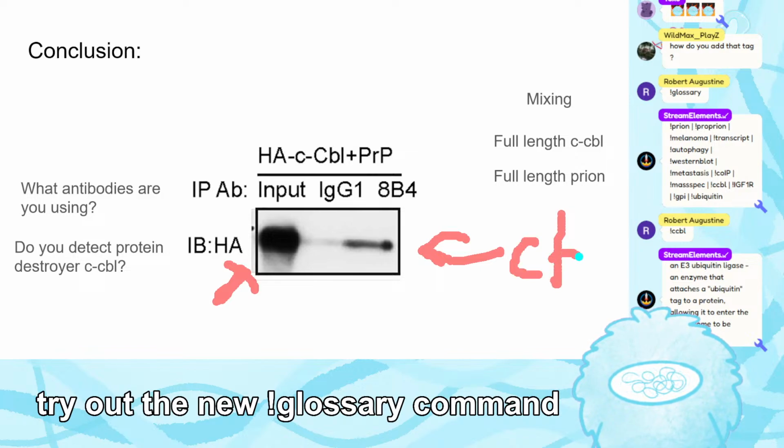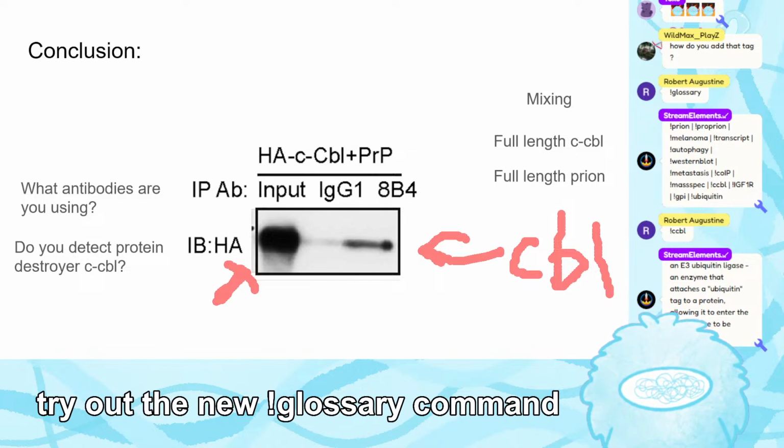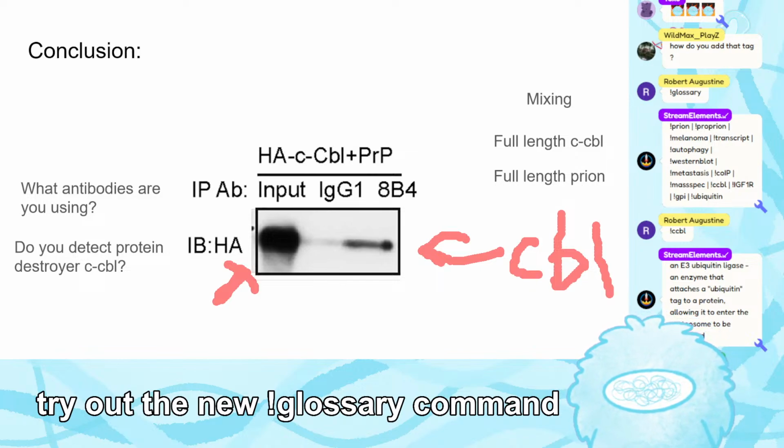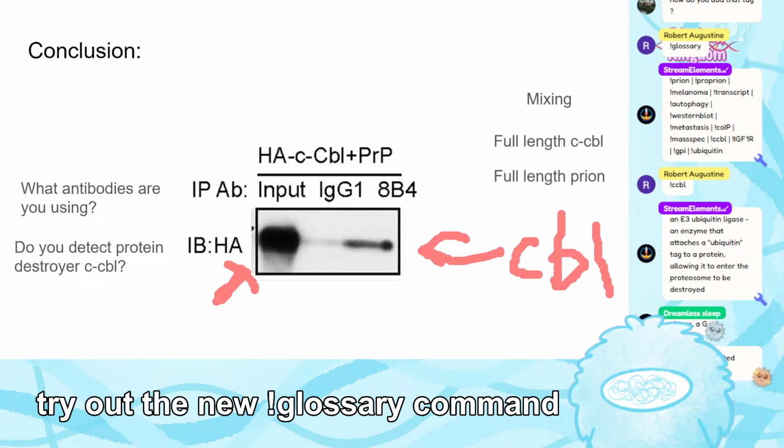So what is the conclusion here? CBL. What is this conclusion here? I believe in you, chat. When you mix the full-length prion protein and the full-length CBL, and then you go fishing with these 3 antibodies, what do you get?